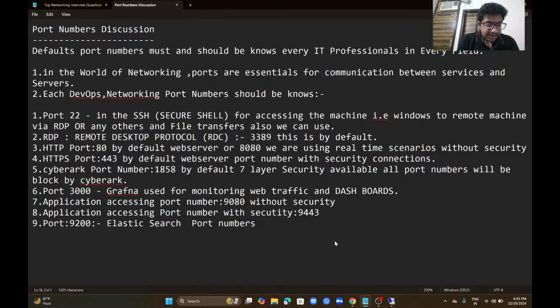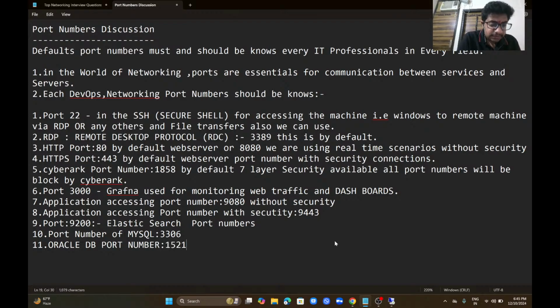Tenth one, port number of MySQL: 3306 is the default port number. Eleventh one, Oracle DB port number: 1521.